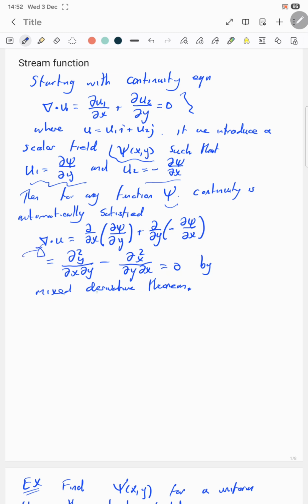Now by the theorem of mixed derivatives, our second derivative of psi with respect to x and y equals our second derivative with respect to y and x, which subtracting one from the other equals 0. This is the mixed derivative theorem.